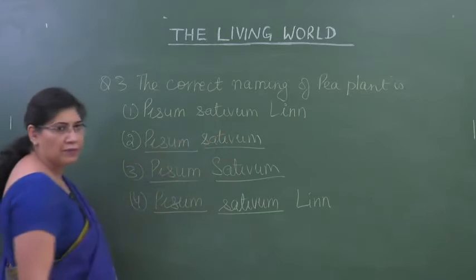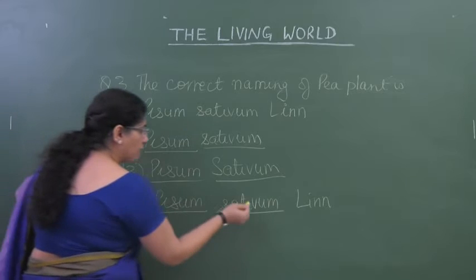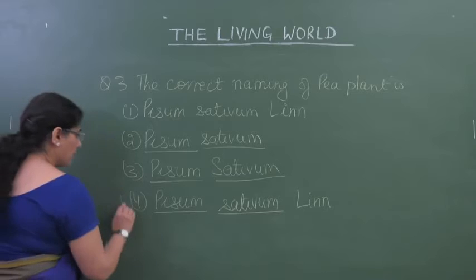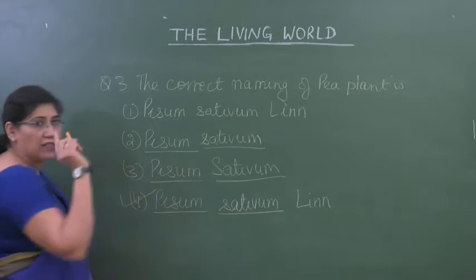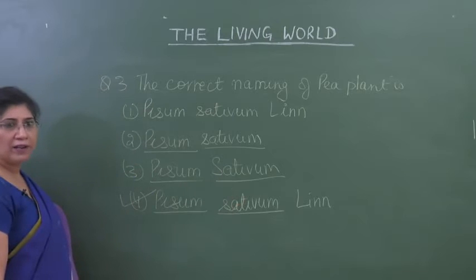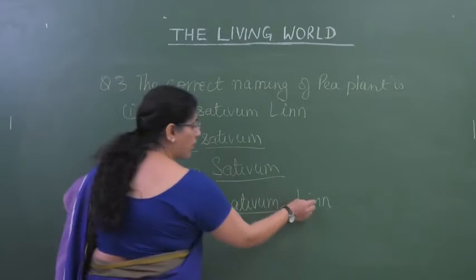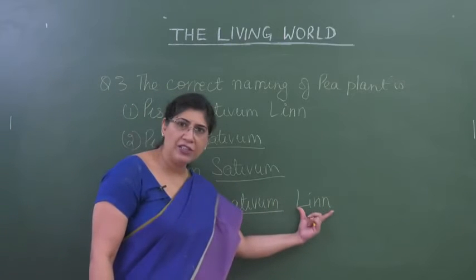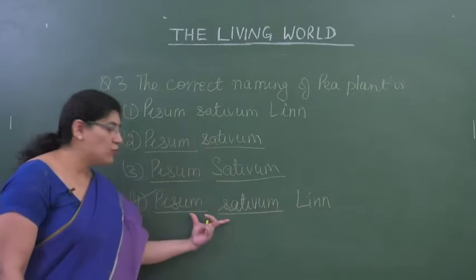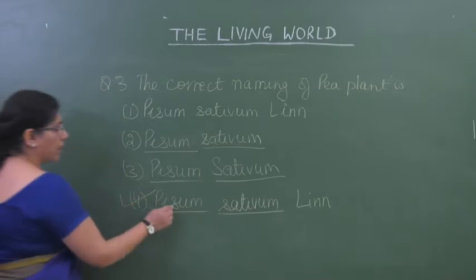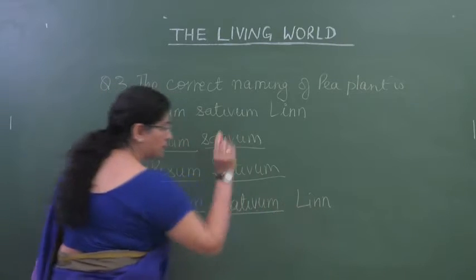The generic and specific epithet have to be underlined. Name of scientist will not be underlined. Why? Because this is in Roman English and these 2 are in Latin. So the correct answer will be Pisum sativum lin.